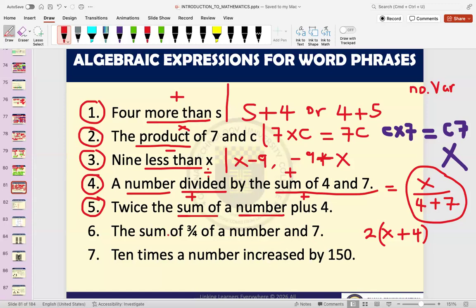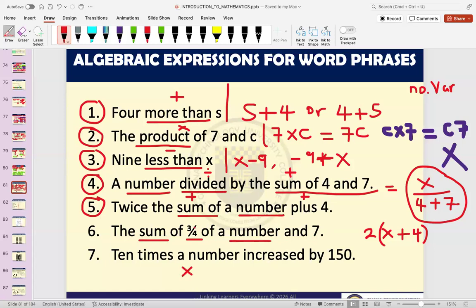Then we have the sum of 3/4 of a number and 7. The sum of 3/4 of a number and 7. So we don't know the number. The number is x.